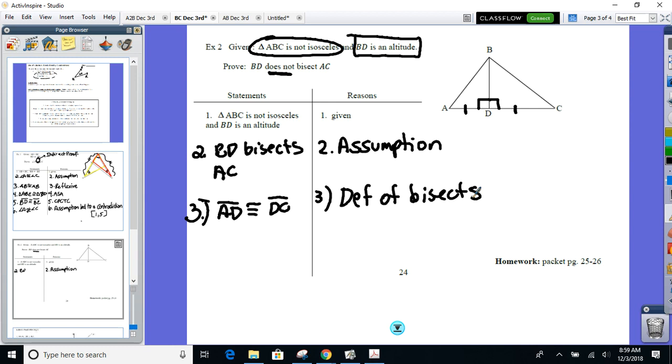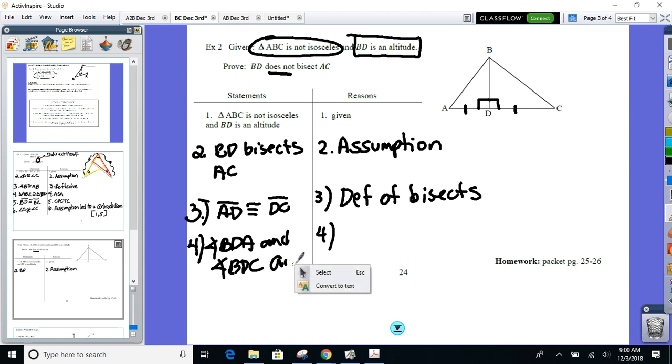Okay. You can go right to saying they're right angles, but not because perpendicular lines form right angles. This is going to have a different reason for it. So angle BDA and angle, what do I have there, BDC? Okay, you can't tell me perpendicular lines form right angles because I didn't have perpendicular lines. What did I have instead, though? I had an altitude, so you could say definition of an altitude.